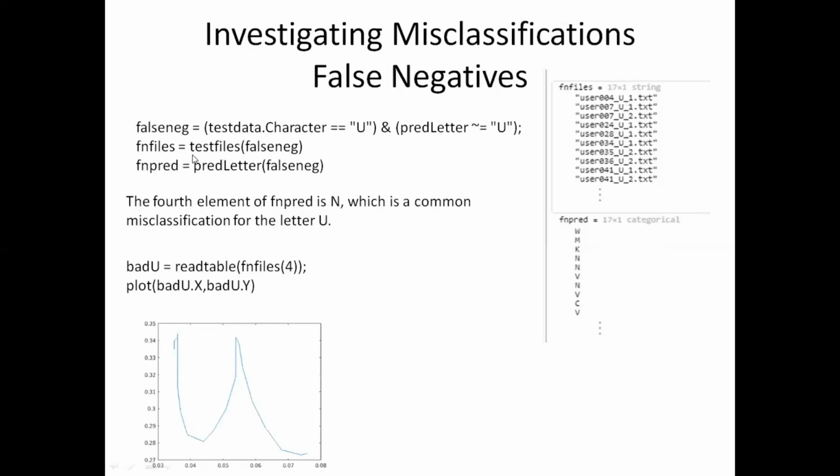There is a function we are using, test files with the index false negative, because those are the values for which the U has been misclassified. I am storing it in the variable fn files, and when you display fn files, you can see the files which have been misclassified. You can see user 4, U first sample, and then user 41, the second sample. This just gives us a list of the U alphabet files which have been misclassified.